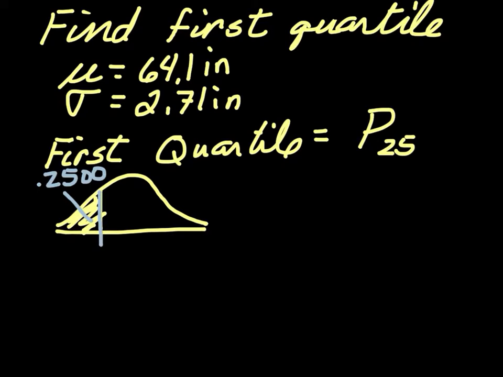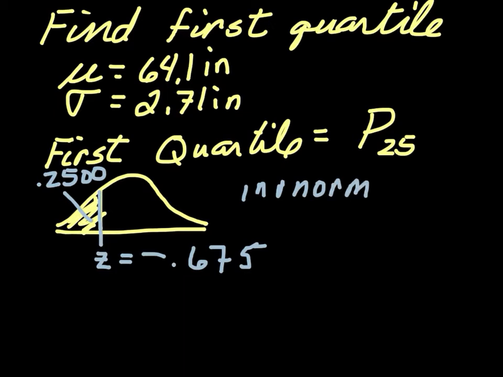Therefore, we want this z-score, and we can look that up in the table, or we can do it on an inverse normal. I'm using the table right now, 0.25, and it looks to be negative 0.675 approximately.